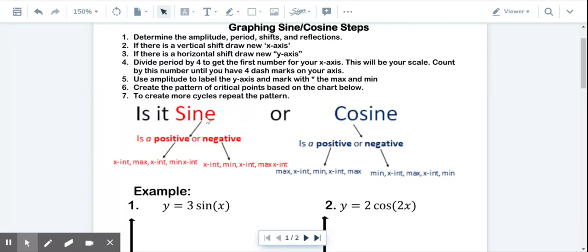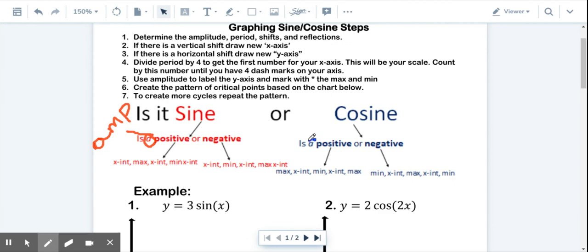So is it sine or is it cosine? If it is sine, you need to determine if A is positive or negative. A is referring to the amplitude. So let's make a note of that. A is referring to the amplitude.